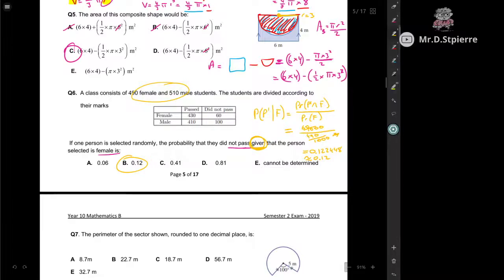Since they have to be female, we get to exclude all the males. We effectively say they don't exist in this situation. So my sample space is now reduced. I've got 430 female students that passed, 60 that have not passed. That gives me a total, and I can just add on here to the end.